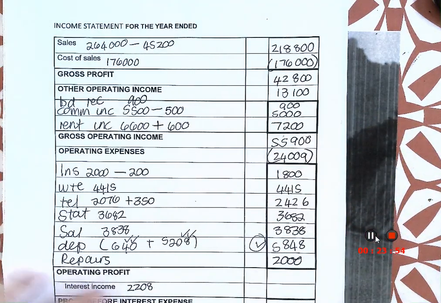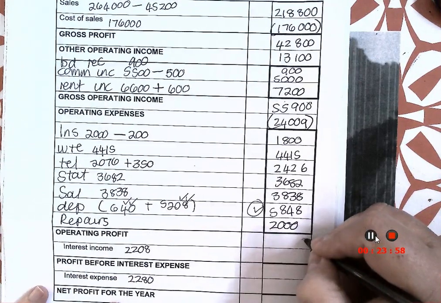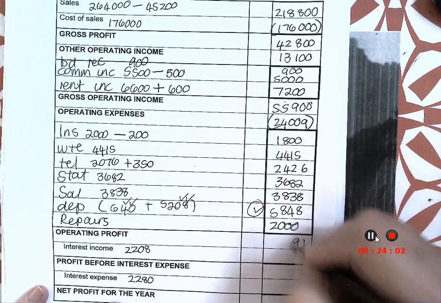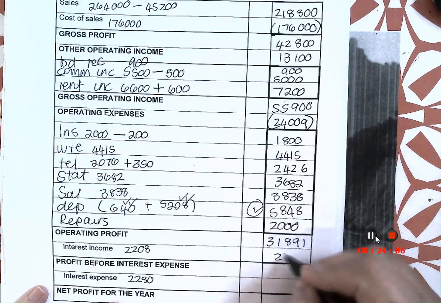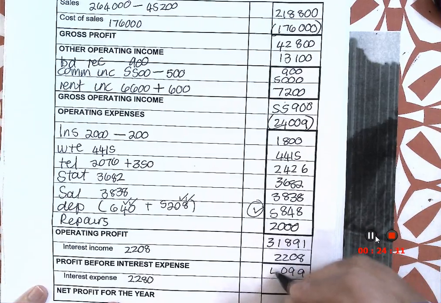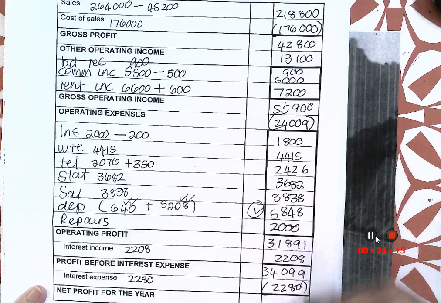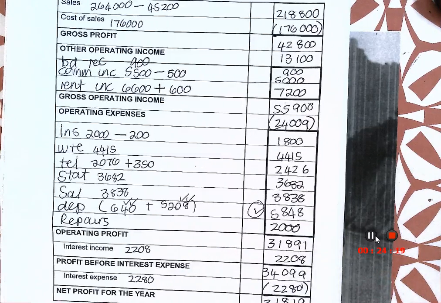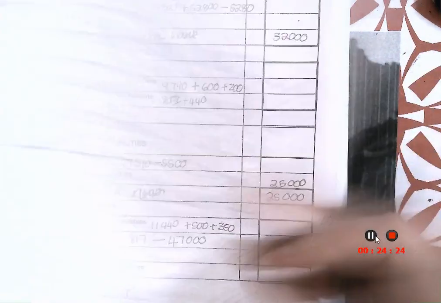Okay, so my operating profit is, anybody? I've done it, don't worry. 2208 less 2280 gives me, and there we have our net profit. Our net profit I transfer here.